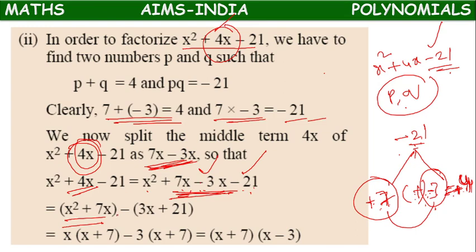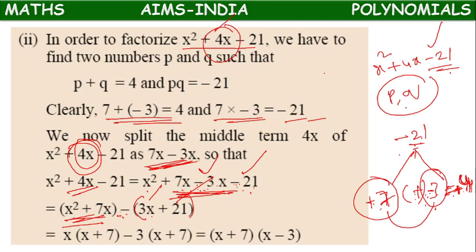We can take minus common. If we take minus common and use brackets, the sign will change. Minus 3x, minus we have taken common, it became plus 3x. Minus 21, minus we have taken common, it became plus 21. Okay.